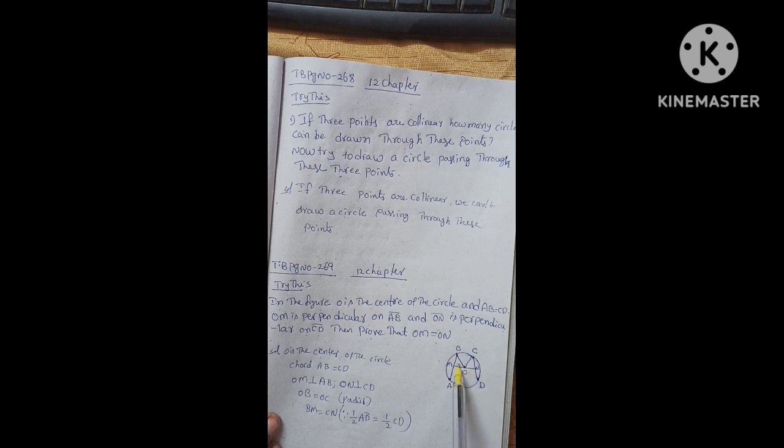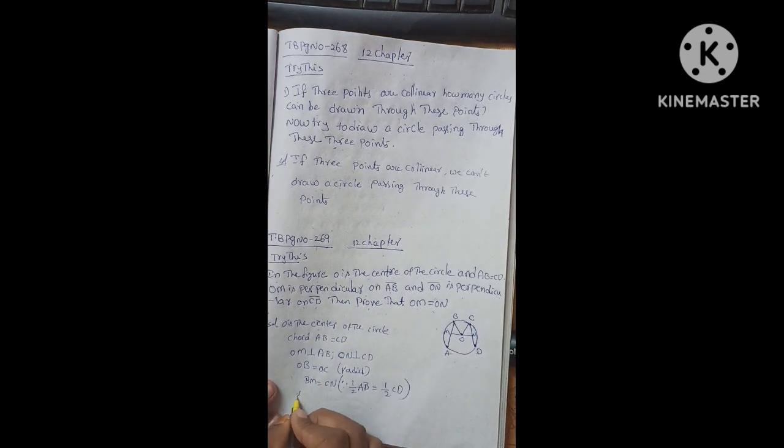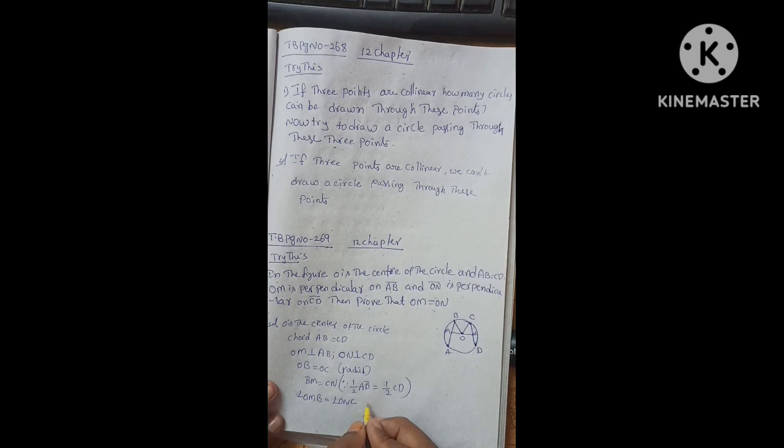Both are half of the chords. So angle OMB is equal to angle ONC, both are 90 degrees.